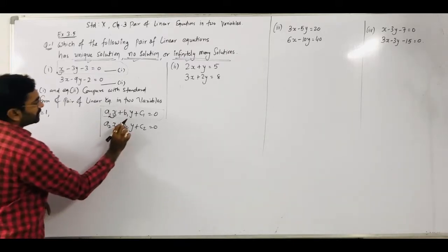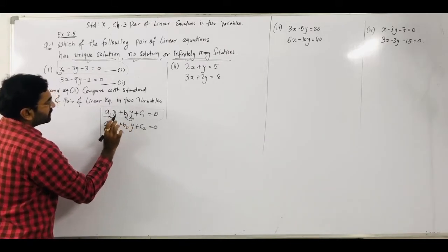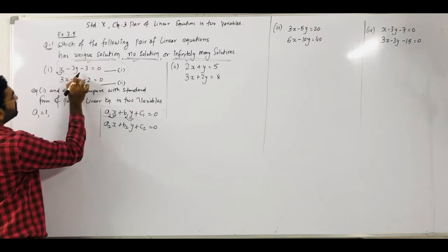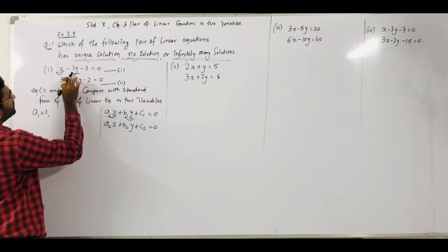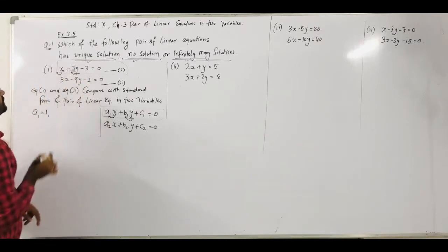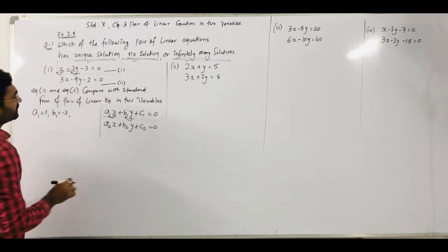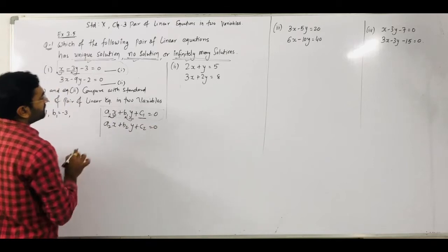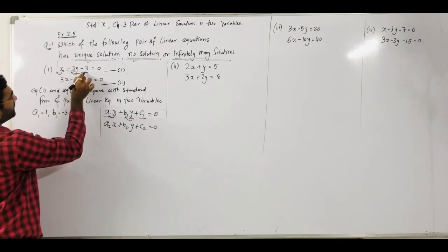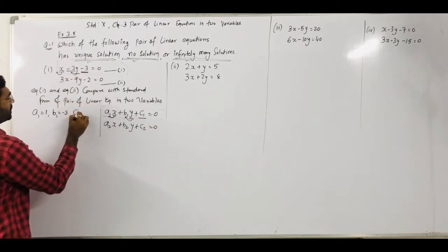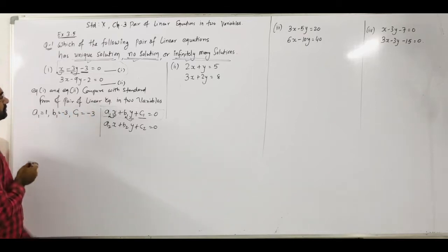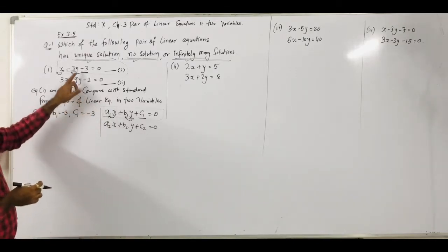Now the b1 value: y's coefficient is b1. In equation number 1, y's coefficient is not 3, it is minus 3. So the b1 value is minus 3. Right? Now the last, the c1 value. c1 is the constant term. In that equation, the constant term is minus 3. Okay? So we compared the first equation.